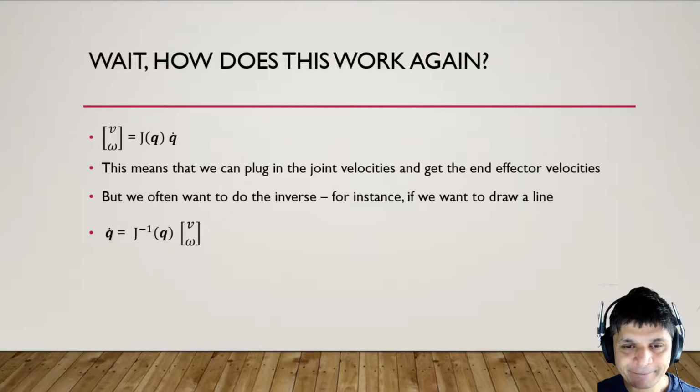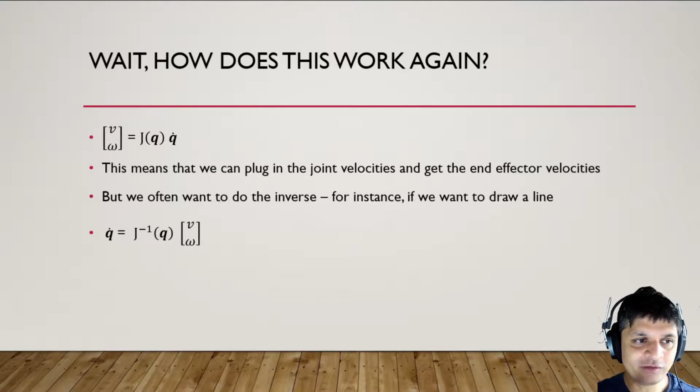But there's something else that's important. We now have this expression, right? We have the linear velocity and the angular velocity being equal to the Jacobian, which is a function of the joint states, times the joint velocities, right? That means if we know the joint velocities, which we do, we can transform them to get the end effector velocities. Okay, so that's pretty cool. But often we actually want to do the inverse. We want to control the velocity of the end effector.